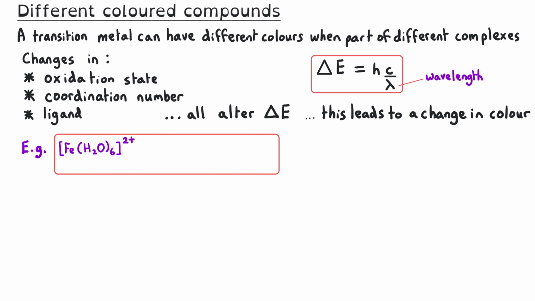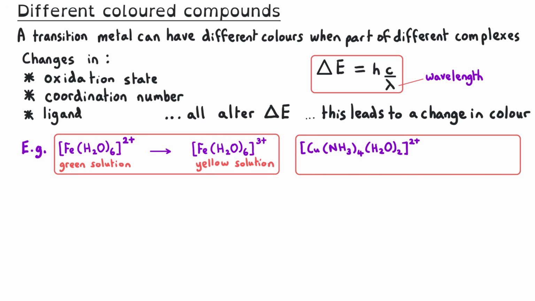For example, if we have the hexa-aqua iron 2 complex, this will be a green solution. But if the oxidation state of the iron changes from +2 to +3 for no change to the ligand, the colour will change to be a yellow solution.